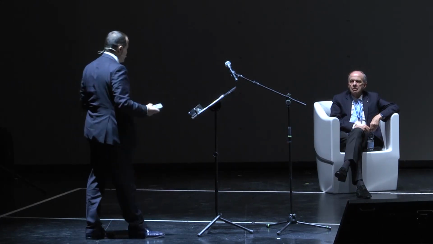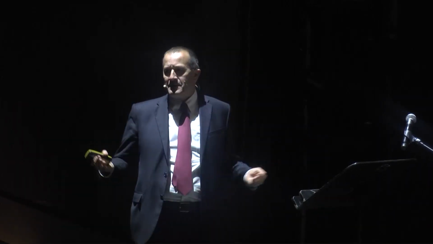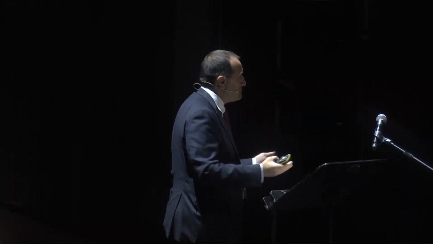We also have the elements that are closest to the world of computer science, which in order to be successful must be easy and inexpensive. Open source tools. One of the key values is that this is a tool for the entire scientific community, not a Daedalus tool.